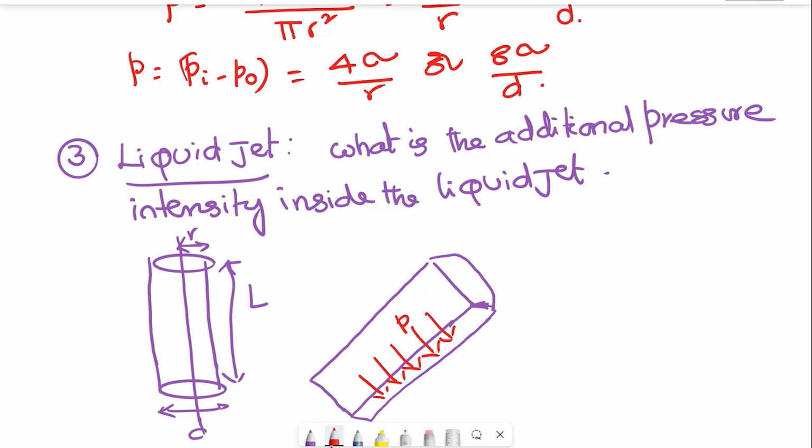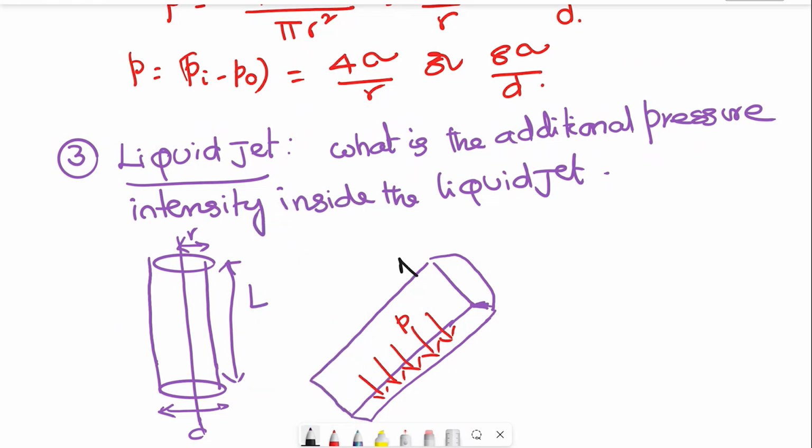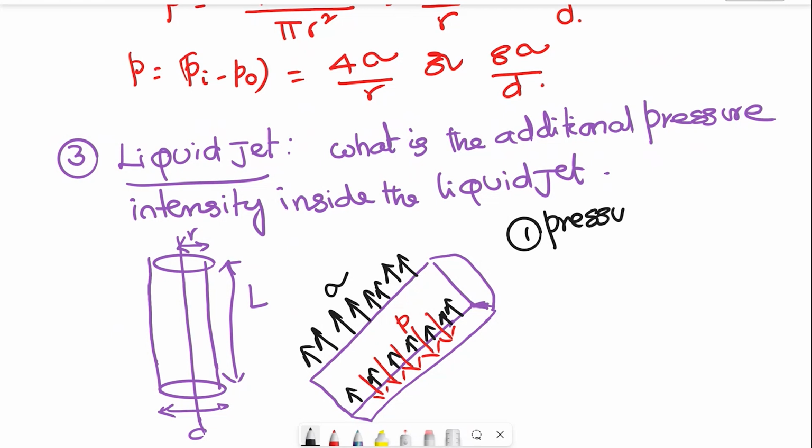Whereas if I take it the other way, the surface tension acts along this length, because surface tension is always a line force. So only along the line: this is one line, this is another line of the cylindrical jet. So the first force is the pressure intensity P on the projected area.